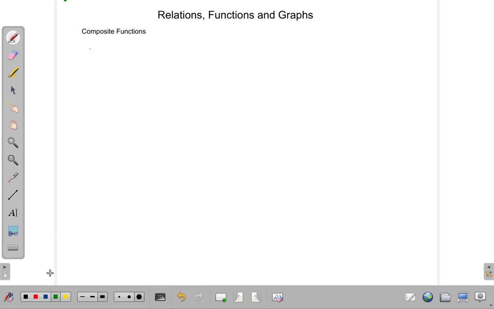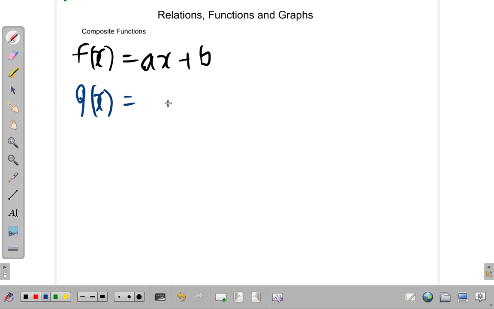It says if you have a general function, f of x is equal to ax plus b, and you have another general function, g of x is equal to cx plus d.